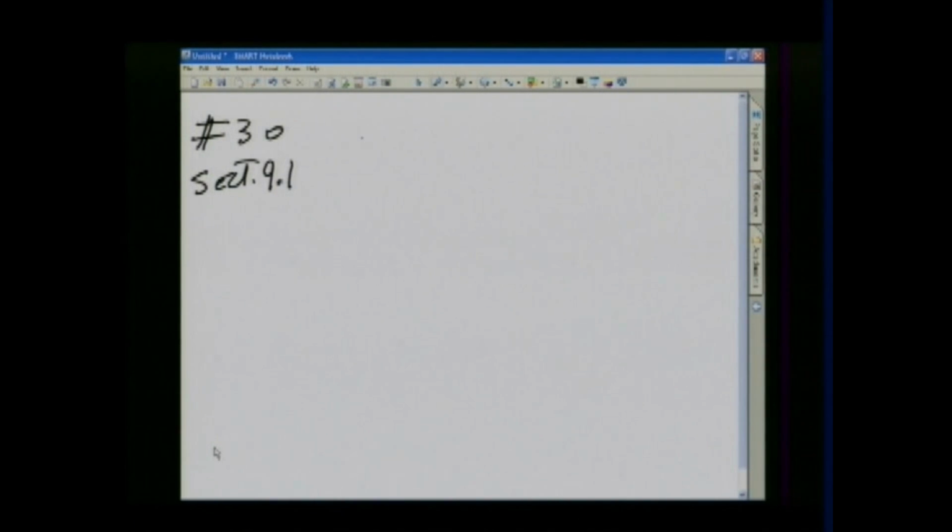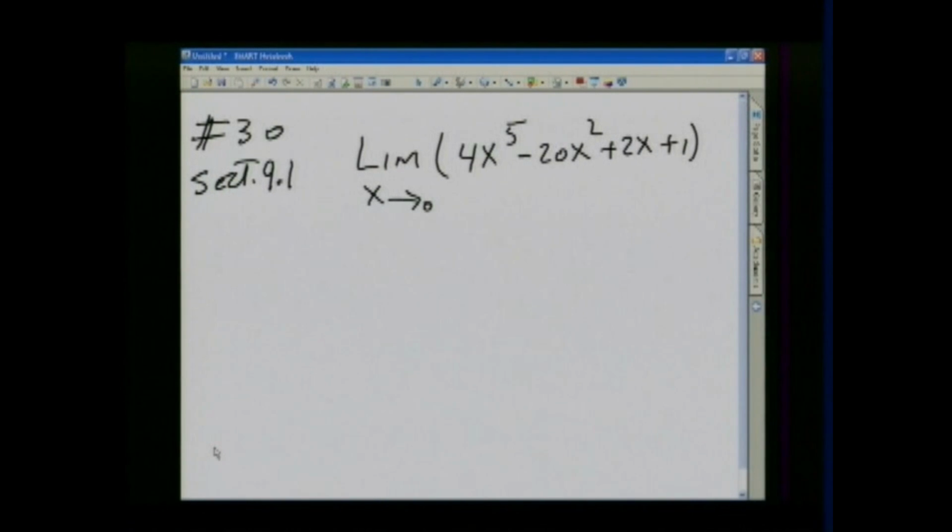It is asking you to find the limit of this function, the limit of, parentheses, 4x to the fifth minus 20x squared plus 2x plus 1 as x approaches 0.